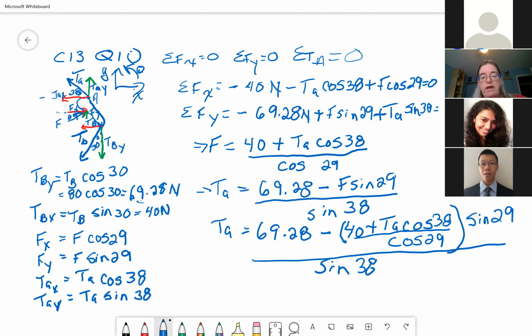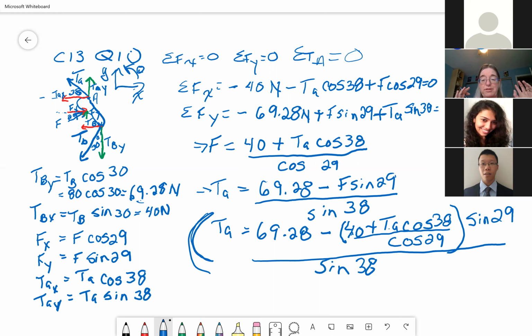But understand that the only unknown you have here now is TA, so you can solve for it. There's going to be a lot of individual factors. You're going to have 69.28 divided by sine 38. You're going to have 40 times sine 29 divided by sine 38, and you're going to have to make sure you have a negative here and a negative in front of this other one. This one is going to be TA times cos 38 times sine 29 divided by cos 29 divided by sine 38.